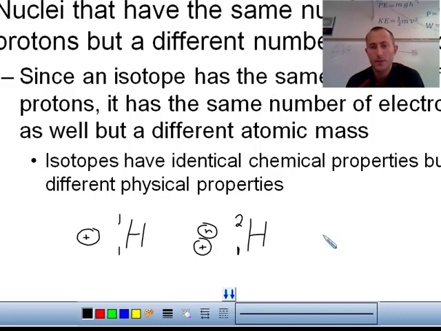And in this particular isotope, you still have 1 proton, because the proton determines the element, but we have 2 neutrons. And so in this case, again, atomic number is still 1, but the mass number here is 3. And this is what we call tritium.